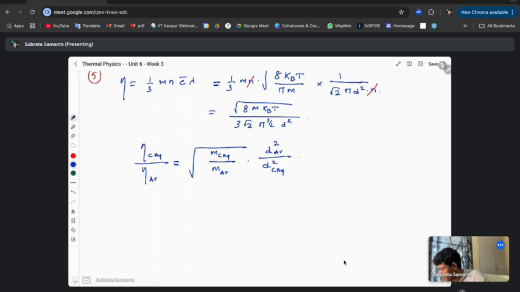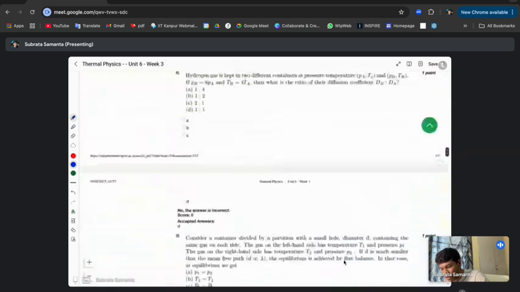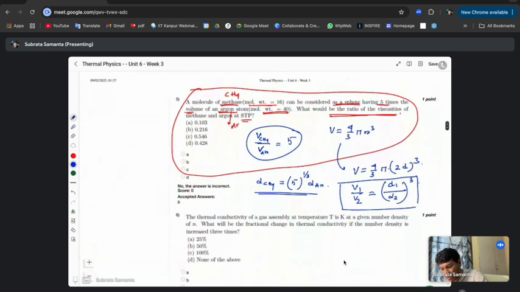So now what is the molecular weight of methane and argon? That is already given in the problem. And the diameter ratio we have calculated: d argon over d CH4 is 1 over 5 to the power 1 over 3.